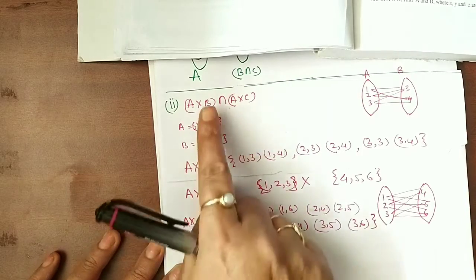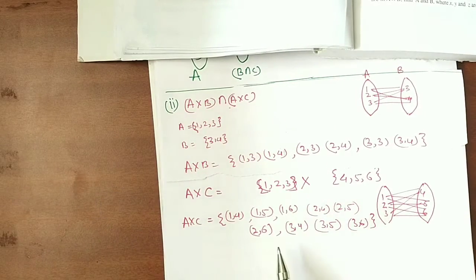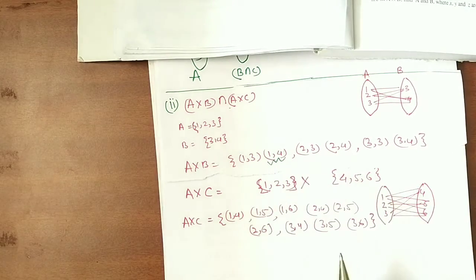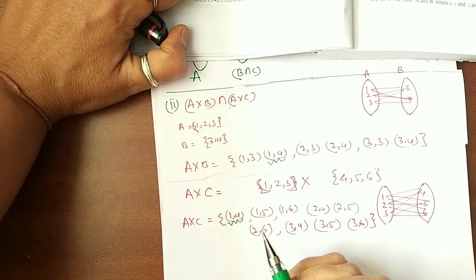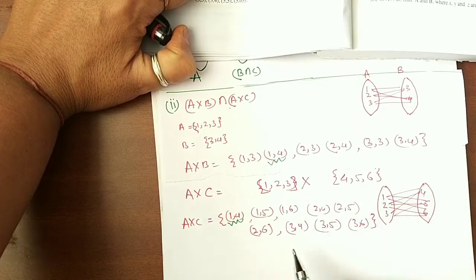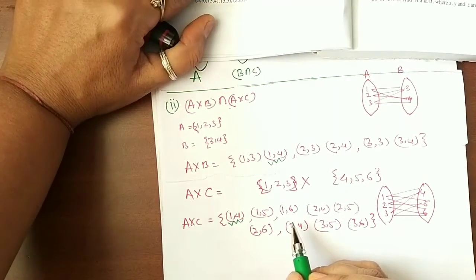Okay. Now our question is to find the intersection of these two. Intersection means what is common to these. So if you look carefully, the only element that is common is, I think, (1,4). (1,3) is not there. Then let me see.